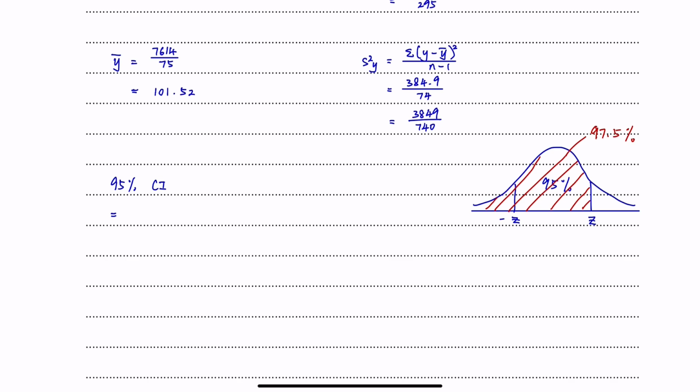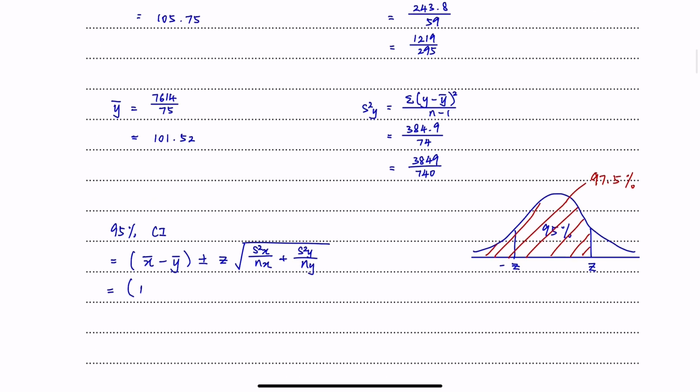So we can start doing. The formula for confidence interval would be x bar minus y bar plus minus the z value that we need to find later, times the square root of s squared for x over nx plus s squared for y over ny. So x bar, as what we found just now, is 105.75 minus y bar, which is 101.52, plus minus the z value.